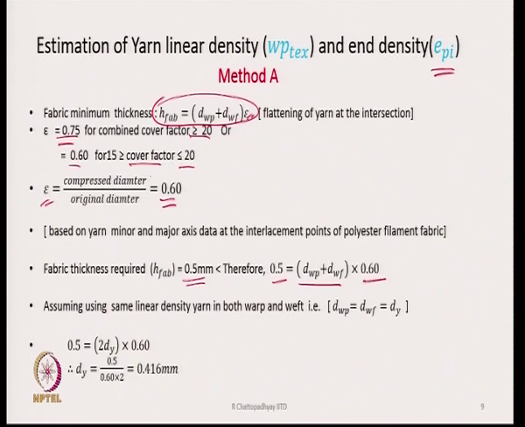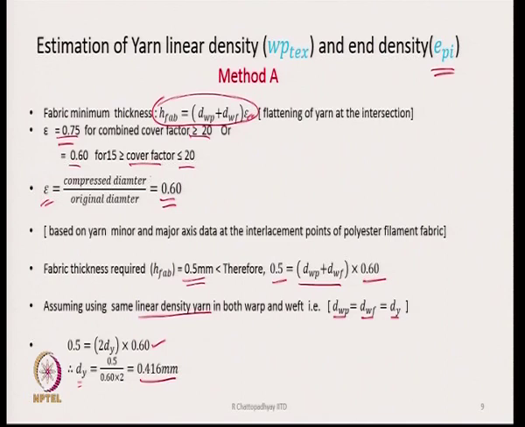If we assume that yarns are of same linear density, that is we are using the same count of yarn in both warp and weft, then diameter of warp yarn and diameter of weft yarn are exactly the same, that is let us say diameter of yarn dy, and therefore, we will write that 0.5 is 2 dy into 0.6, and hence diameter of yarn is 0.416 millimeter.